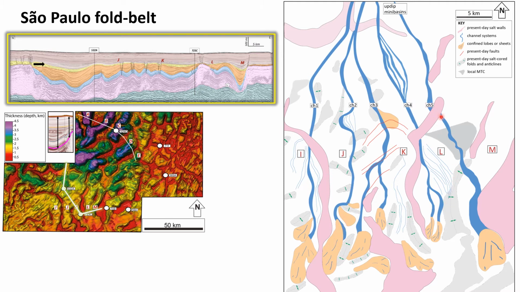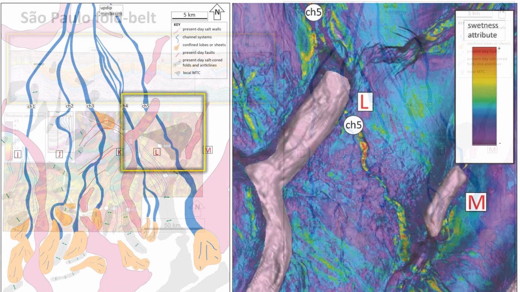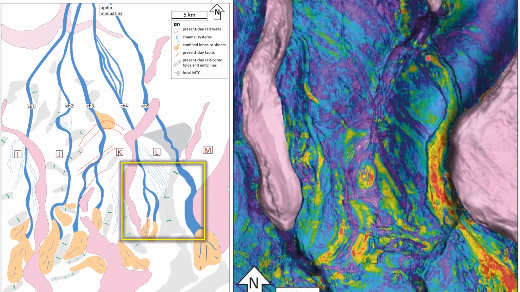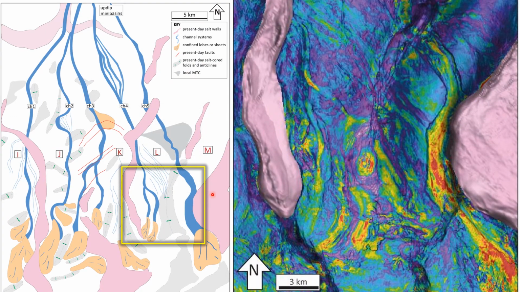Channel 5, for example, flows downslope and encounters a north-south trending salt wall and bends parallel to the axis of the minibasin.